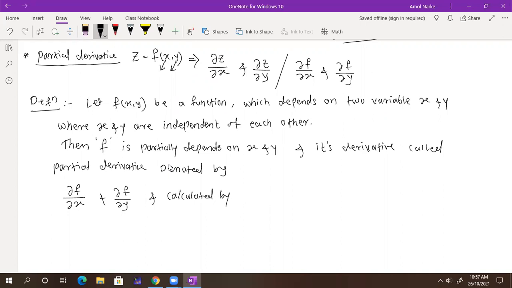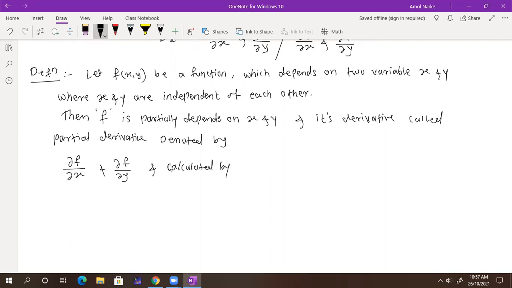so we write down here, partial derivative of f with respect to x, we calculate by differentiating with respect to x, keeping y as a constant.